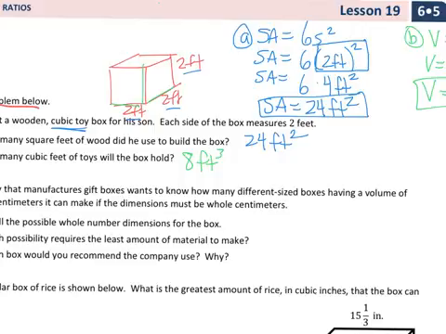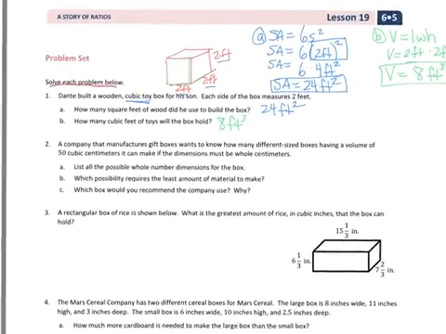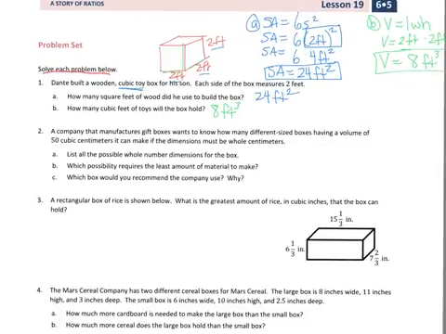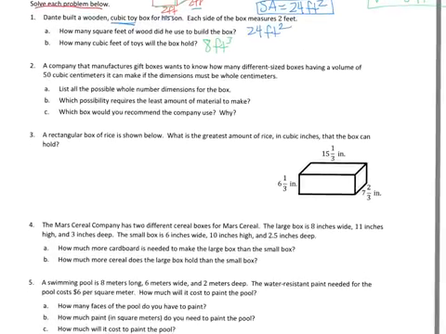Now we'll zoom out and head down to 3. A rectangular box of rice is shown below. What is the greatest amount of rice in cubic inches, and that's my vocab, that the box can hold? So immediately, cubic inches implies volume.